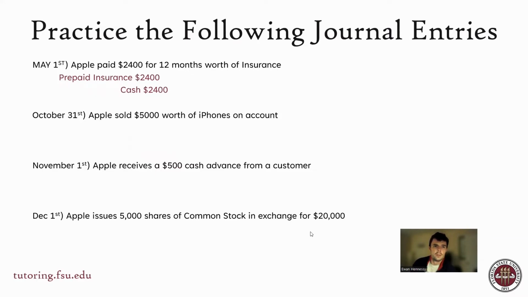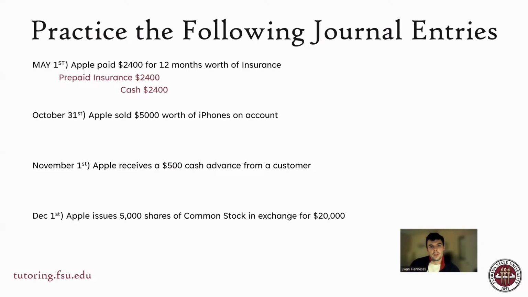Some more journals. So Apple pays $2,400 for 12 months' worth of insurance. So this is a prepayment, right? Because we're paying for 12 months' worth of insurance, we're going to use it up over the next 12 months. We're going to receive benefits from this insurance over the next 12 months. But at the time that we purchase it, we're going to increase this prepaid insurance asset, which will be decreased each period that we use up the benefit of having insurance.